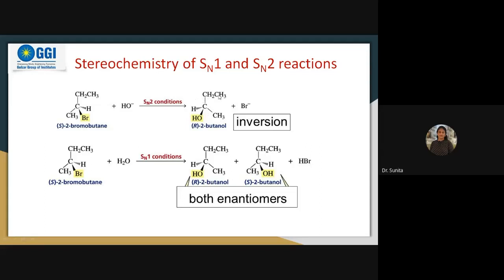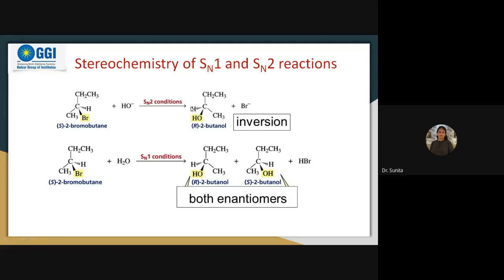We have already done this during R and S notations by applying the sequence rules. You see the first priority, the second priority, this one is the third, and hydrogen, the lightest, gets the fourth priority.